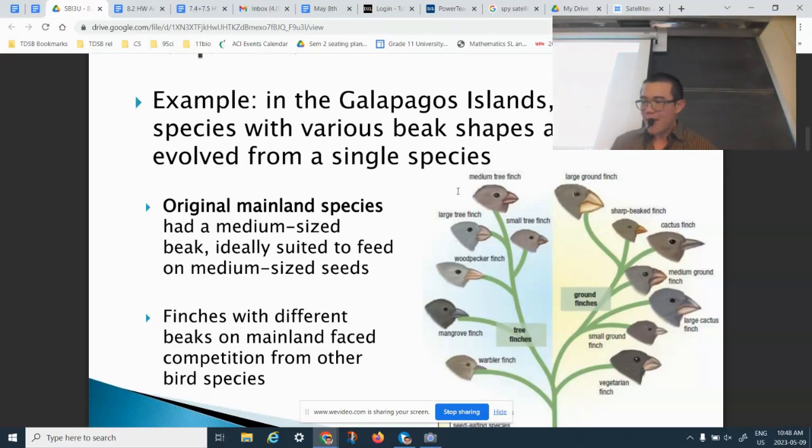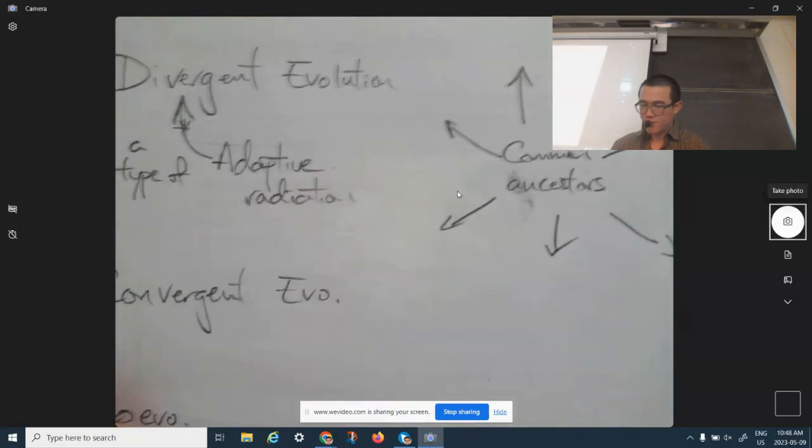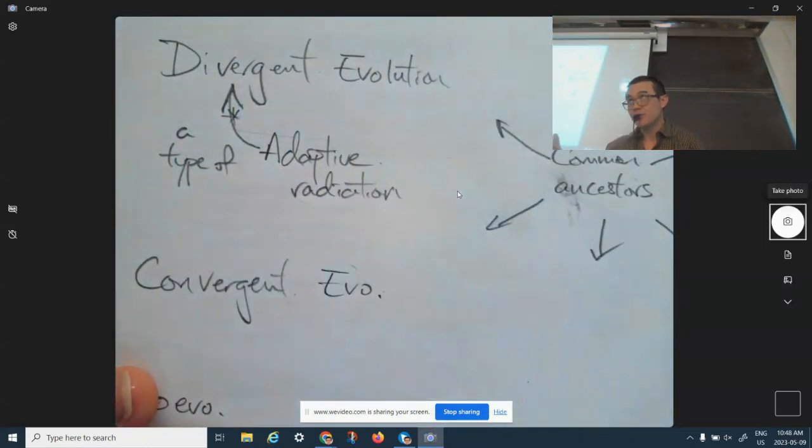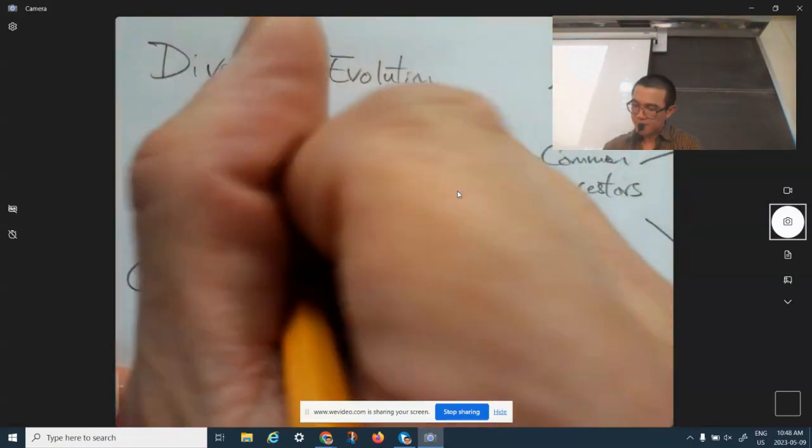So in this case, adaptive radiation, how it differs is that it is faster and closer related species.